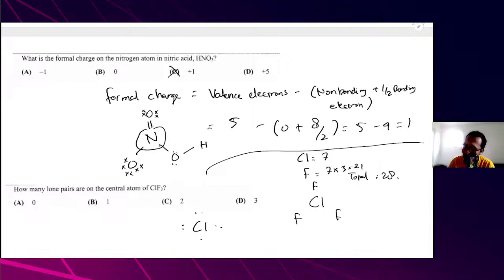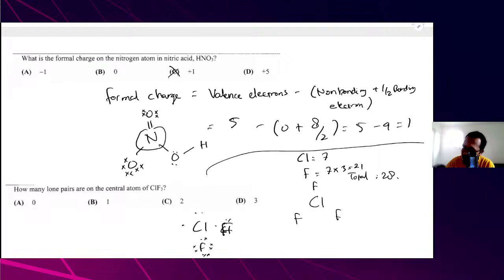How many lone pairs are on the central atom? Just like this one first. Now let's take a look at F. So we can place it over here because it has 7 as well, right? And then we can draw this one also F, right?